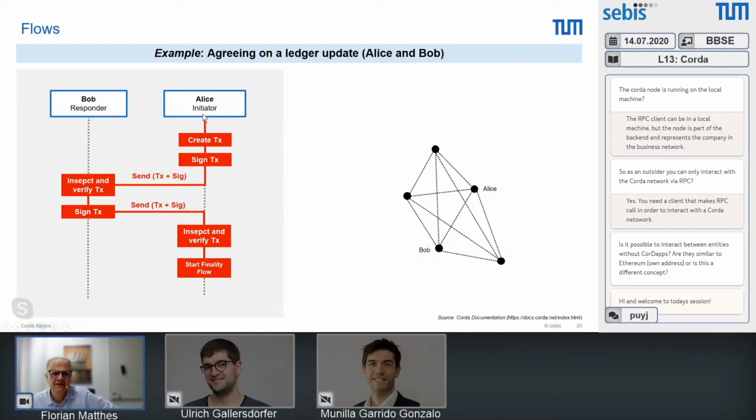The main task of Alice is to get both parties to agree on a ledger update. So Alice creates a transaction, signs it, and sends a transaction proposal to Bob. Bob would now inspect and verify the transaction with his contract to see whether what Alice proposes makes sense in his view. And once he is happy with it, he would sign it.